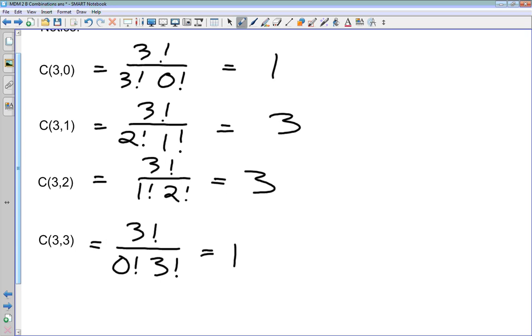So in general, from this first one here, anytime you're doing a combination and you have n things and you're choosing none of them, there's only one way that you can choose 0 things. Okay? That's the null set. If you have n things in your set and you want to choose all of them, again, there's only one way you can pick all of them. So that's also 1.